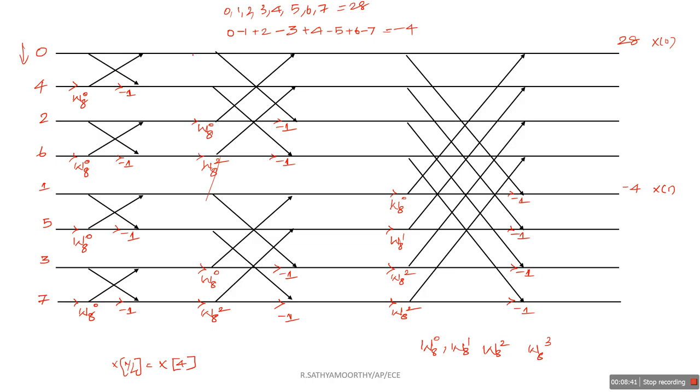Now what is the answer over here? If I add 0, the 0 is coming over here, and this 4. What is the value for W8 power 0? W8 power 0 is 1. So obviously if I add here, this is 4, this is minus 4, and if I add 2 plus 6, I will get 8 here.